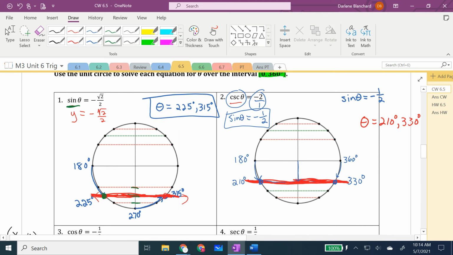And that gets us to the centers of quadrants 3 and 4. If you add 45 degrees to 180, you get 225. If you add 45 degrees to 270, you get 315. And those are the only two angles for which the sine is equal to negative root 2 over 2 if you are just looking between 0 and 360.